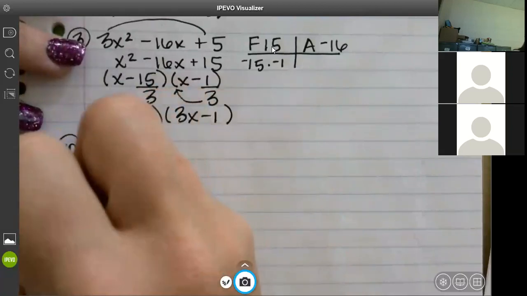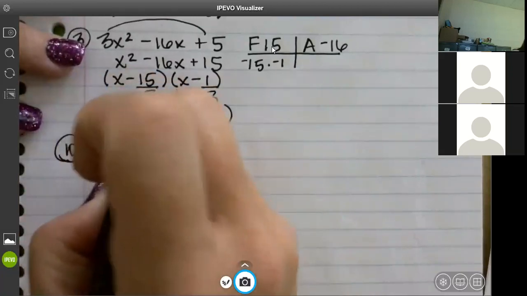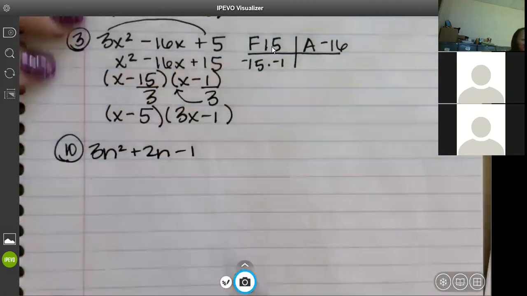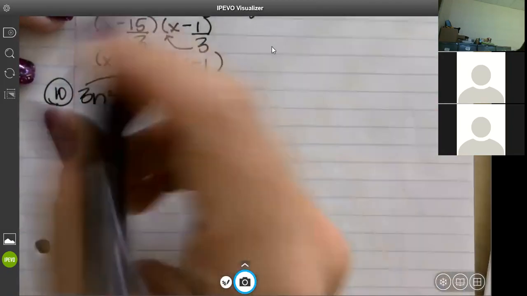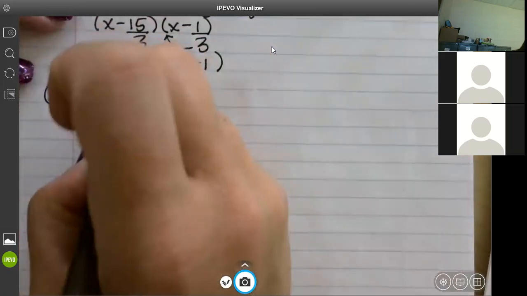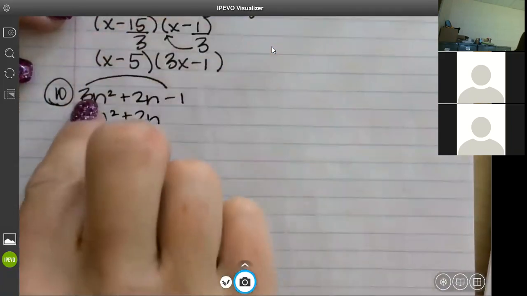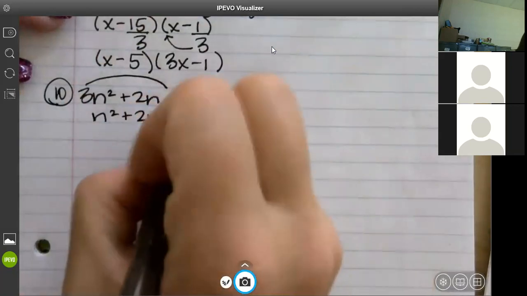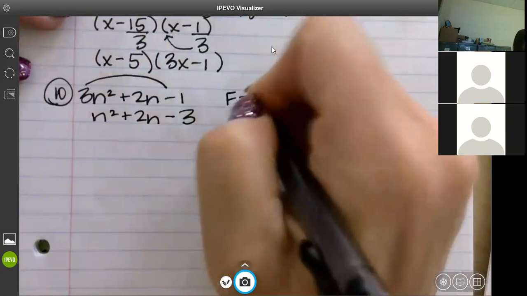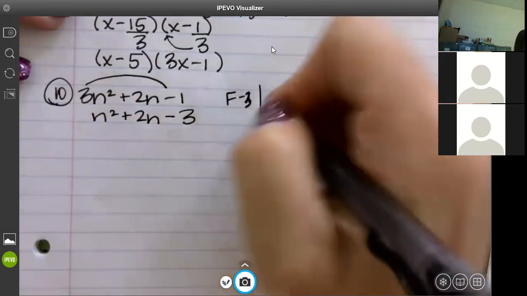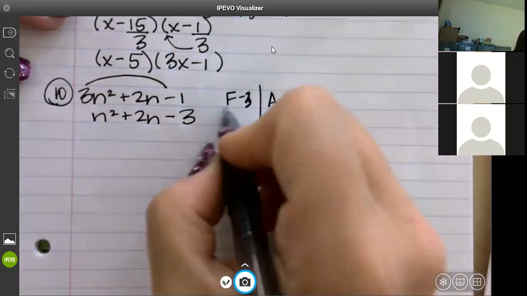So number 10 is 3n squared plus 2n minus 1. There is no GCF, so I'm going to go ahead and slide divide. So I'm going to slide my 3 over. 3 times negative 1 is negative 3. I need factors of the last, negative 3, that add to the middle, 2.